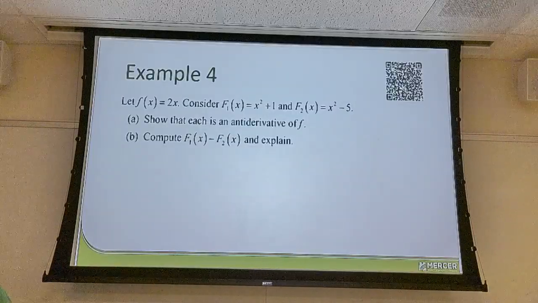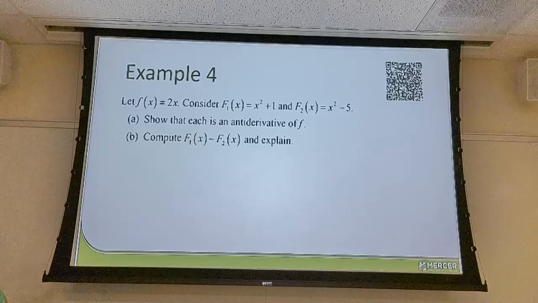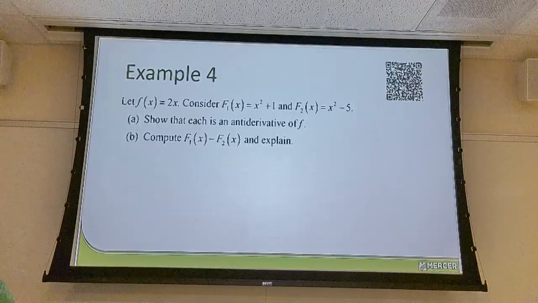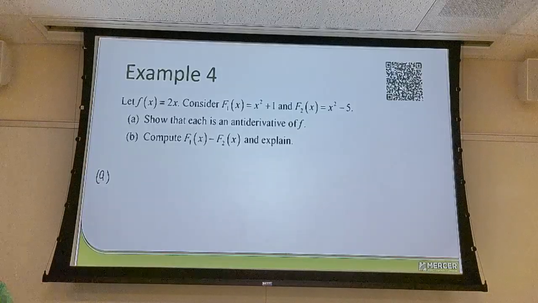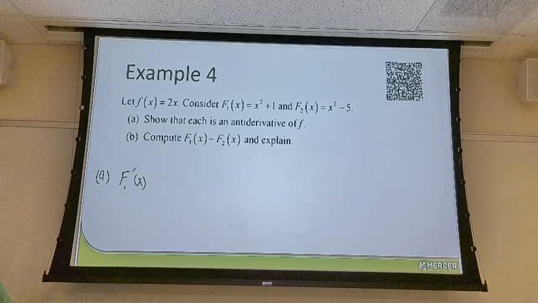Okay, so we have little f is 2x. Big F1 is x squared plus 1. Big F2 is x squared minus 5. First, they want us to show that both of those are antiderivatives. Now, what does it mean to be an antiderivative? The derivative of the other function.